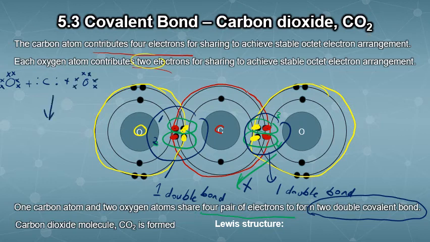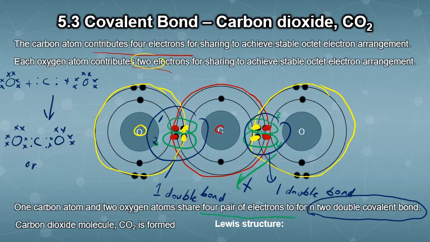It produces a carbon dioxide molecule like this, OCO. So 1 2 3 4 5 6 7 8, 1 2 3 4 5 6 7 8. So both have 8 valence electrons now.